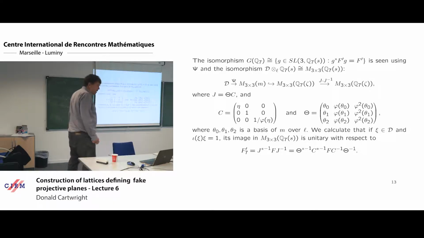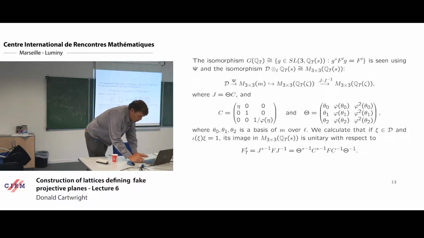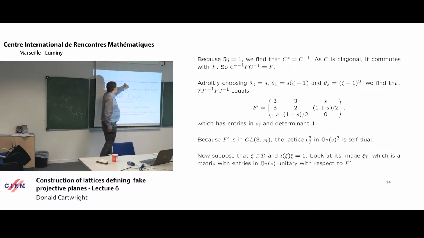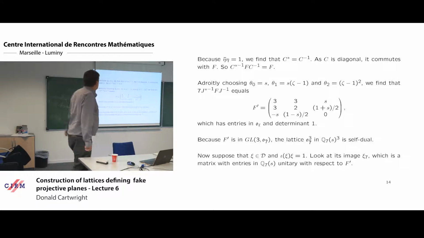Okay, however, in this particular case, something quite cute happens, because eta is 1, that C of the previous slide, its adjoint is equal to its inverse. And so C is a diagonal matrix, F is a diagonal matrix, everything commutes.